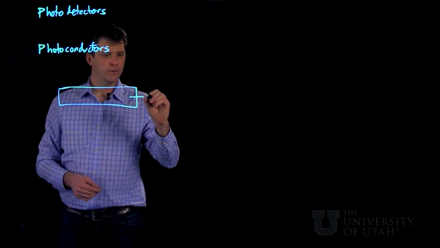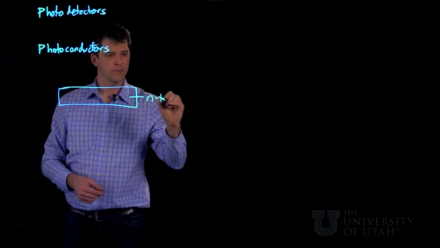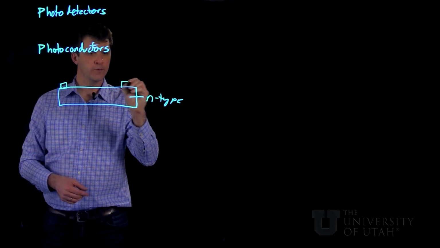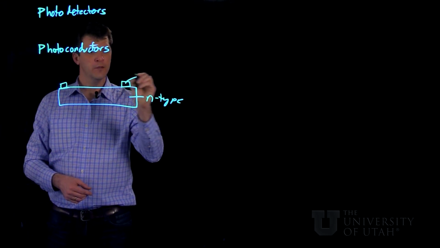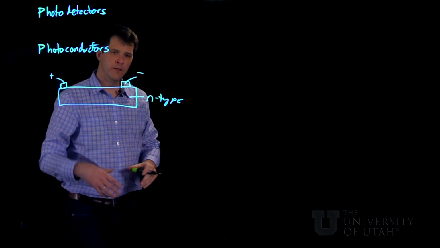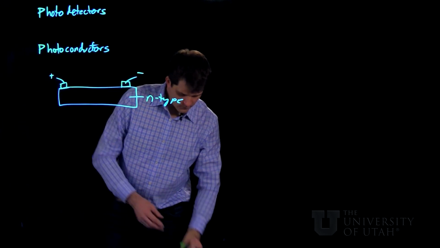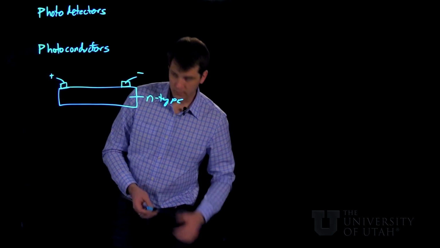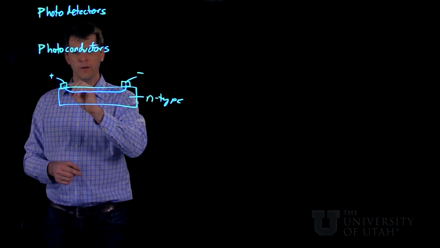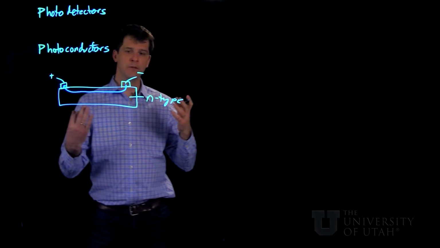Let's say that it's N-type doped. And you put two contacts on it, and then it's set up so that the leakage current through here is rather small, but it will always be there.